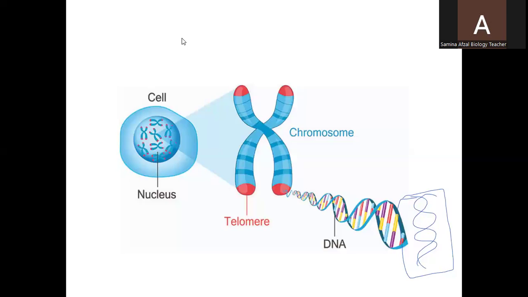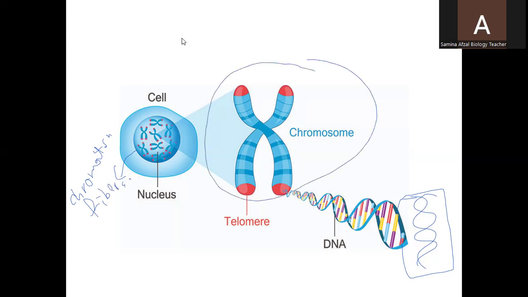Now you can see the cell. Inside the cell, there is a nucleus, and the nucleus contains chromosomes. When the cell is not dividing, these chromosomes are in the form of chromatin fibers. When the cell needs to divide, they are condensed and take the shape of a proper chromosome.